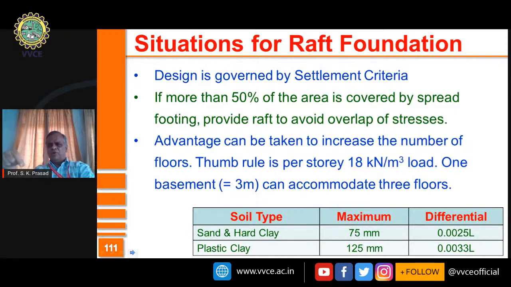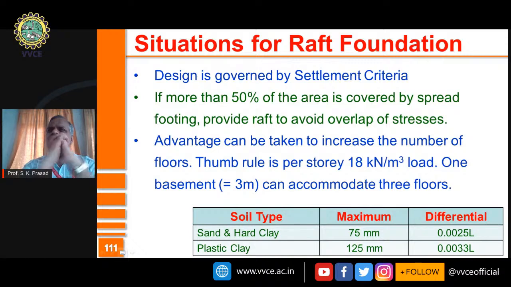When you do so, you are removing that much of muck. So even if you assume that the weight of the soil removed is, if you assume 18 kilonewton per meter cube for about 3 meter height, so 18 into 3, 54 kilonewton per meter square.